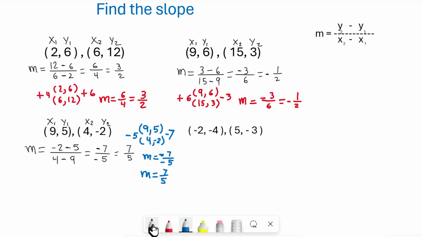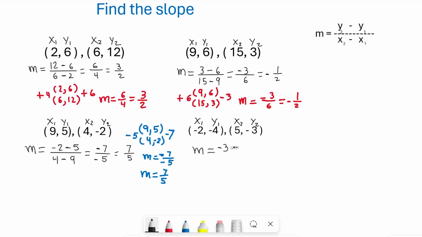Now the last one is going to be this one. So one more time, we need to get the slope. So let me label this. So that would be my first point. This would be the second point. And to get the slope, we want to do the substitution into this equation. So this one is y sub 2, that would be -3.